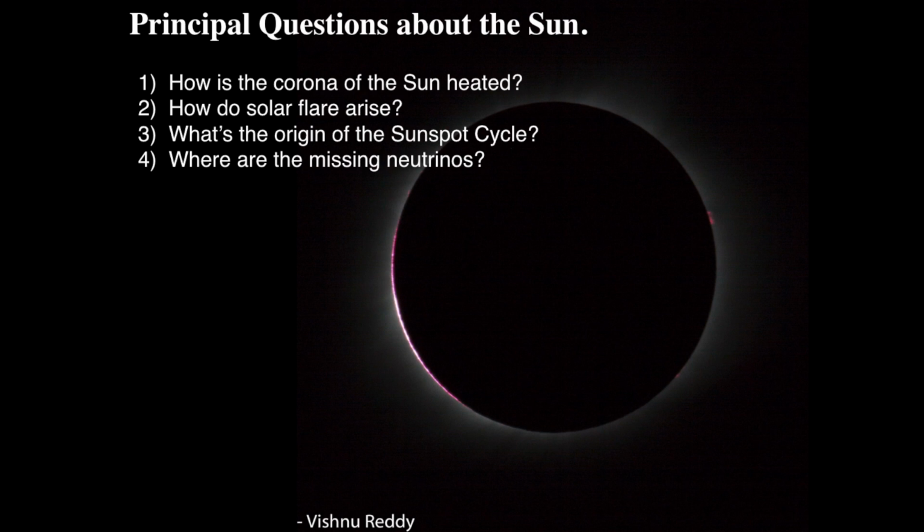And sunspots come and go on the surface of the sun. That's incredibly important to understand because that links to climatic change apparently as well. And missing neutrinos is a particle physics question. So those are some principal questions. Some of these are answered better than others, but these are some incredibly important questions about the sun.